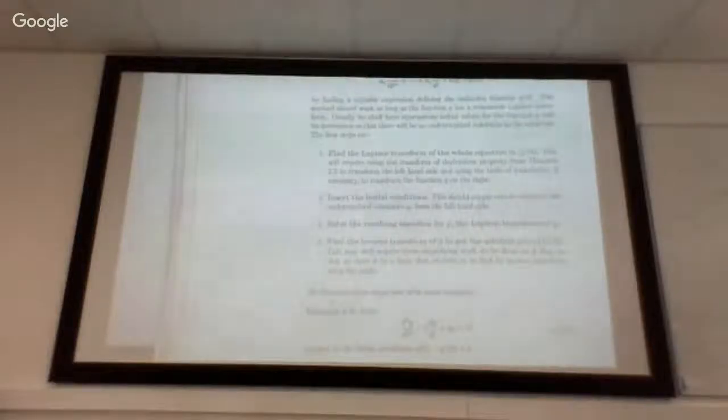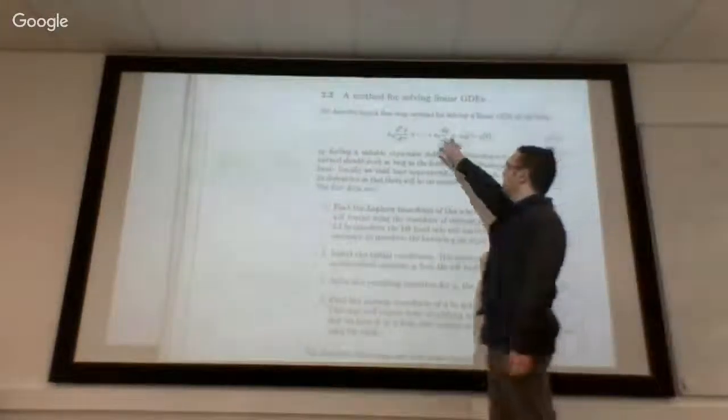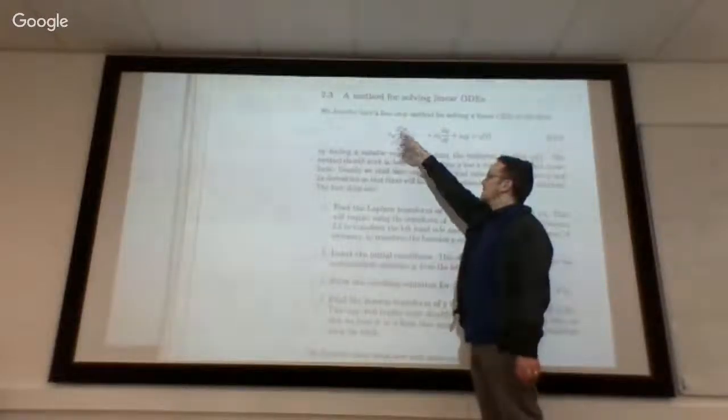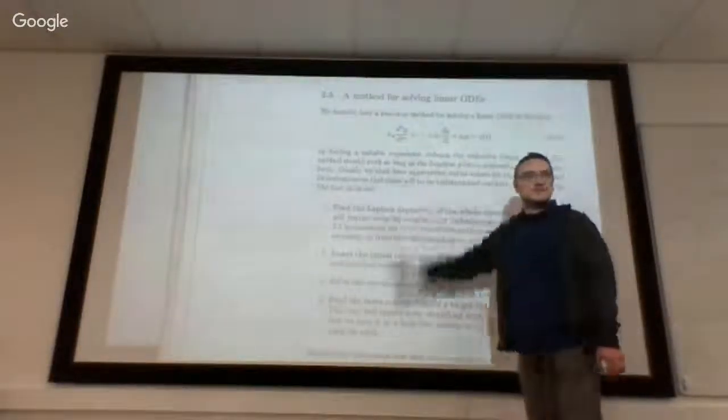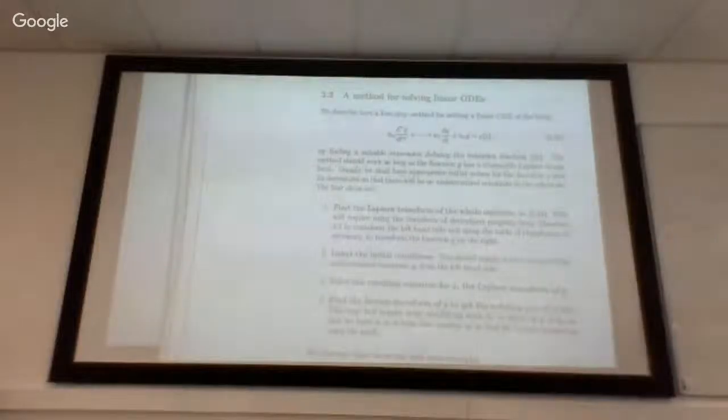And break that down as much as we can by taking the Laplace transform of the specific functions we see. The function y is unknown to us. We're trying to find y, so we don't know what y is, but we will be able to apply theorem 2.3 to replace the Laplace transform of these various derivatives with how they relate to the Laplace transform of y itself. So you transform both sides of the equation.